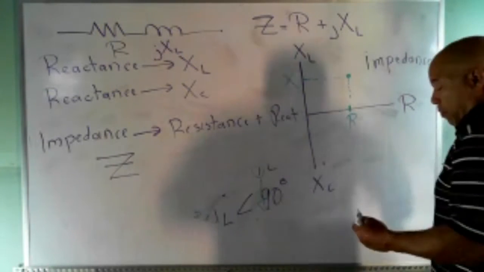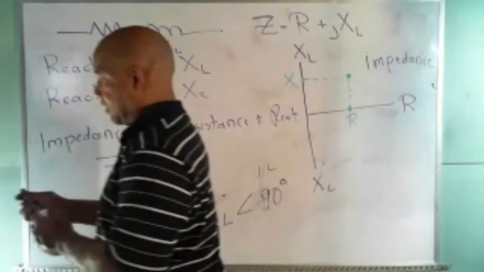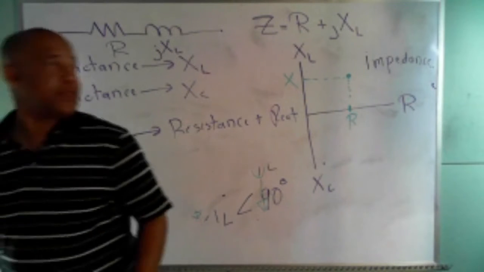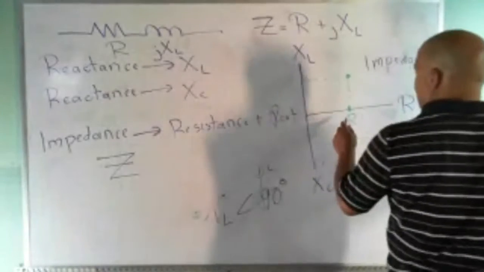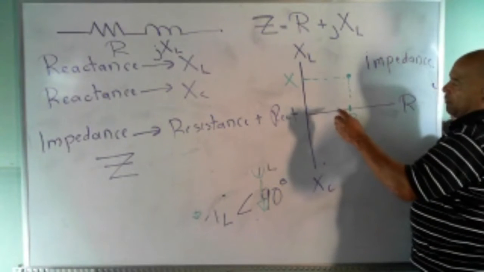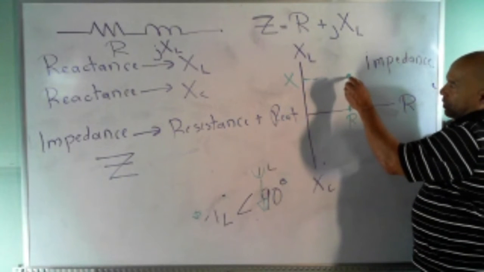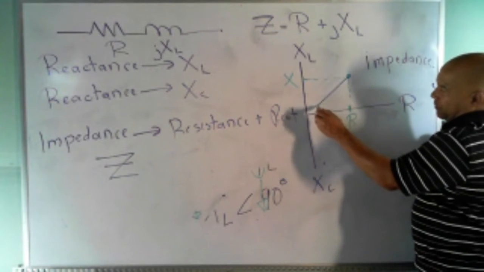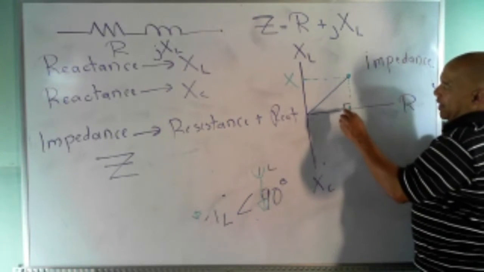One more thing, and then we'll do the problems. Given impedance, once I have this impedance, I can make a right triangle out of that.